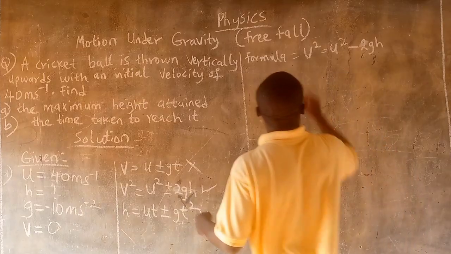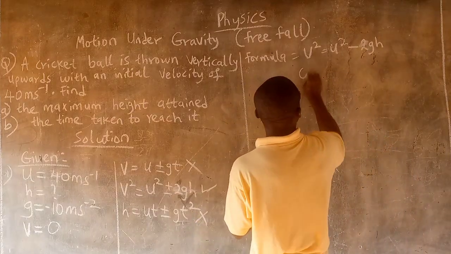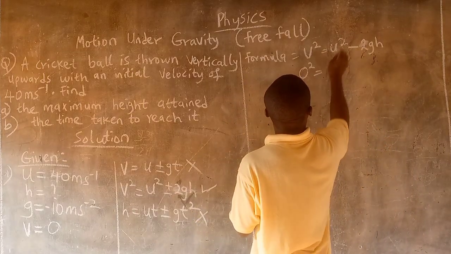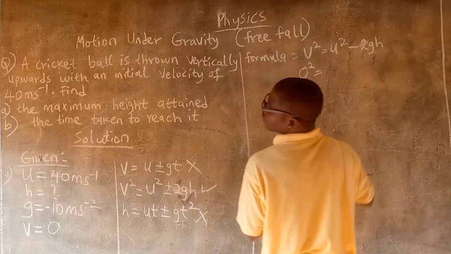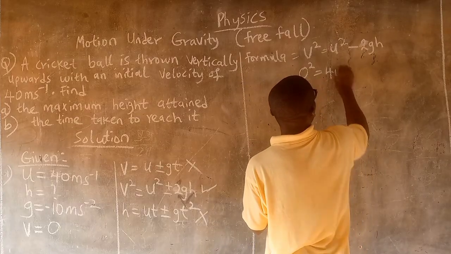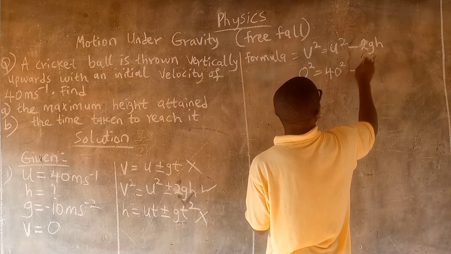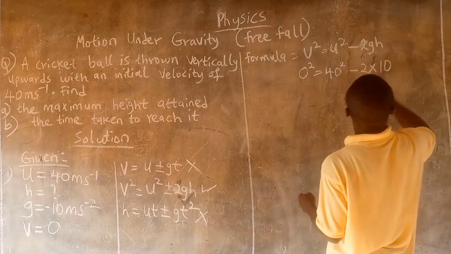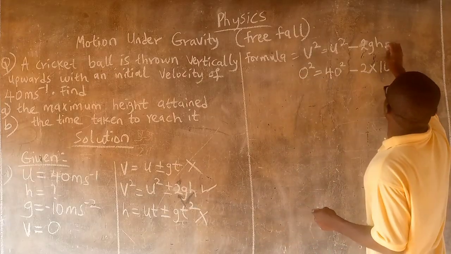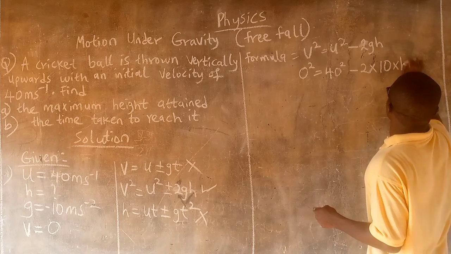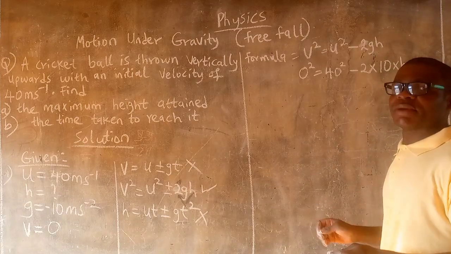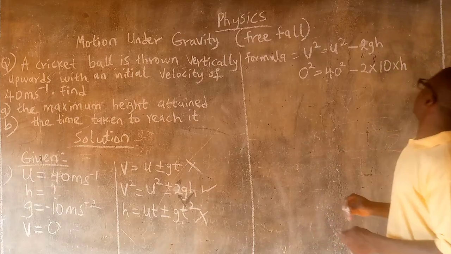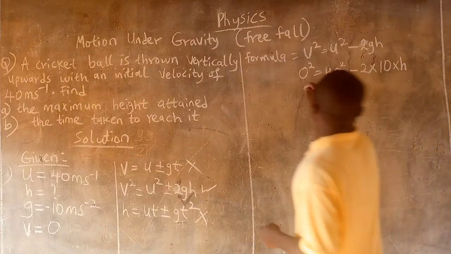Substitute values, I have v is 0. 0 squared equals, what's the value of u? 40. 40 squared minus 2 times value of g, which is 10, times h, because height is the parameter we are calculating for.